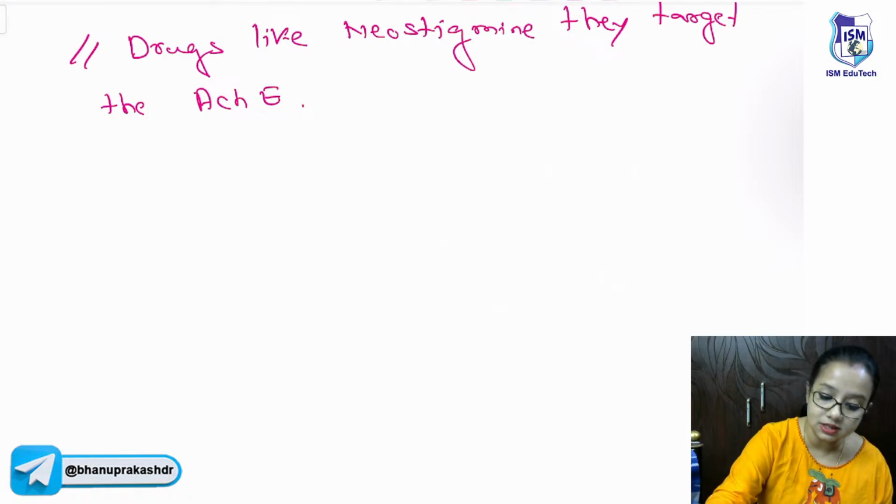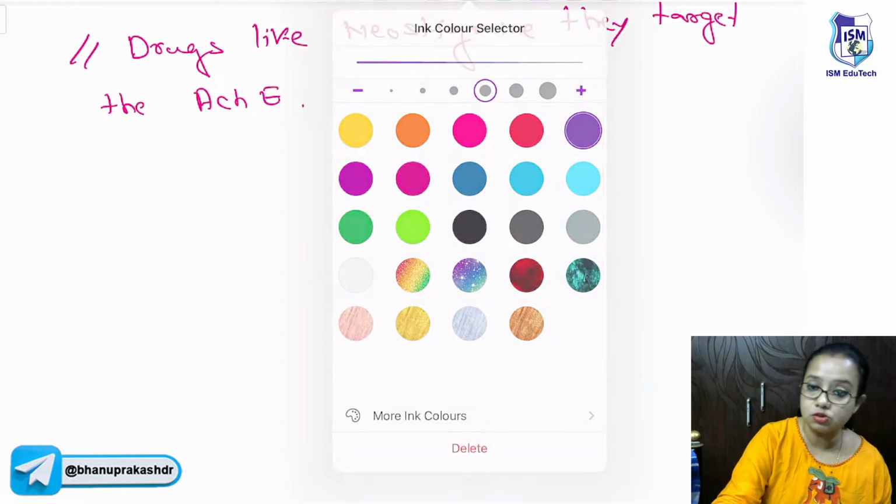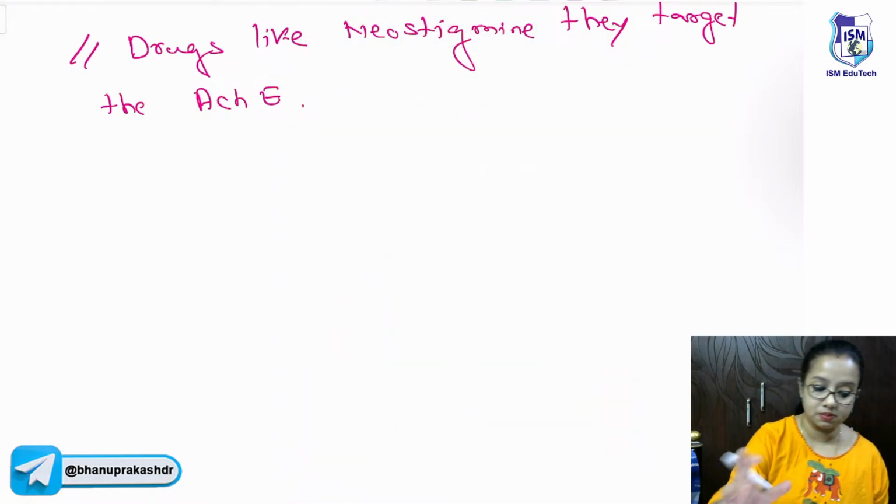Okay, now there are certain toxic substances also that target the neuromuscular junction, but their site of action is different.